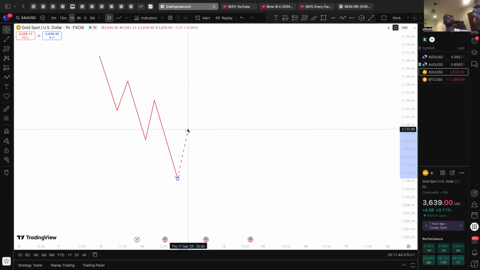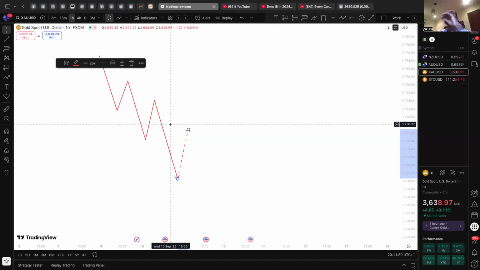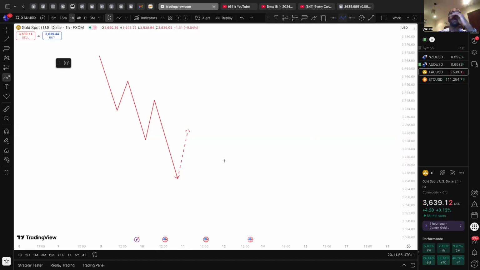Now, mind you, we got this setup on the 1 hour time frame. Now, if we are going to use entry confirmations on the 5 minutes time frame, we're dropping to the 5 minutes time frame. I'm going to change it to another color. On the 5 minutes, this retracement to the upside is going to look like this. Let's say the zone we're looking to use is the resistance level.